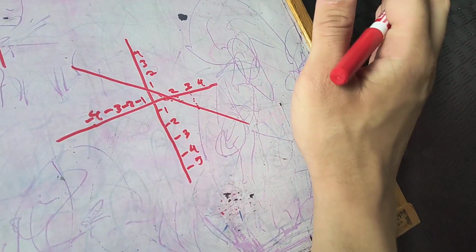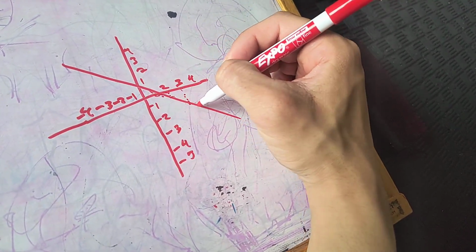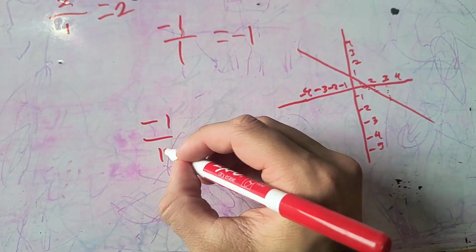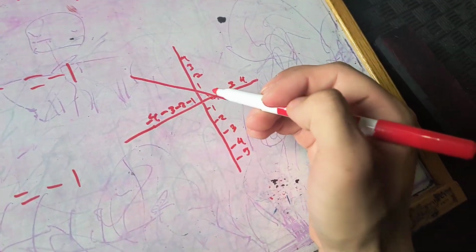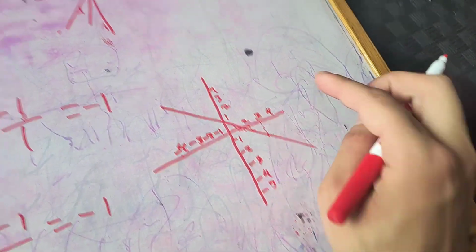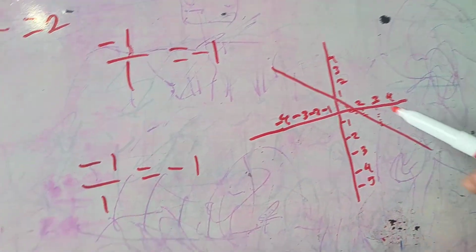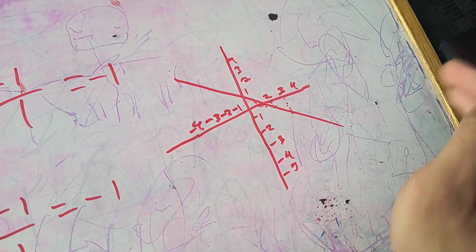Now, if it was decreasing by 1, then the slope would be -1 over 1, which is equal to -1, which means that for every 1 push in the x-axis, my line is decreasing on the y-axis by 1. It is going down by 1.